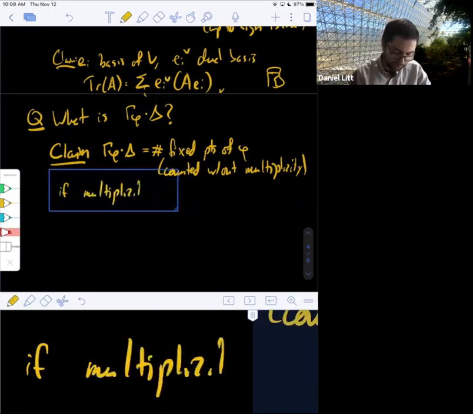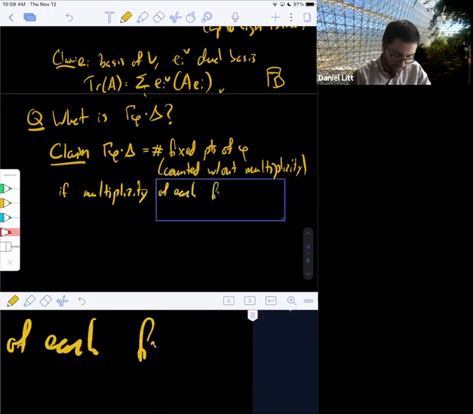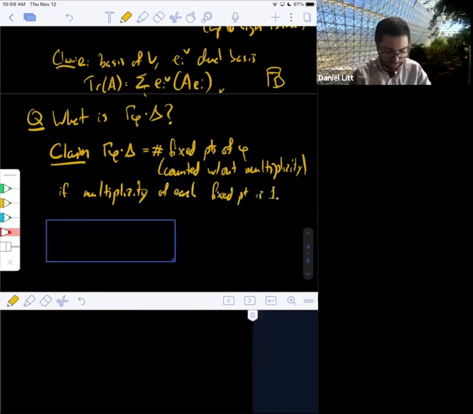If the multiplicity of each fixed point is 1, okay, and there's a soft way to check this.